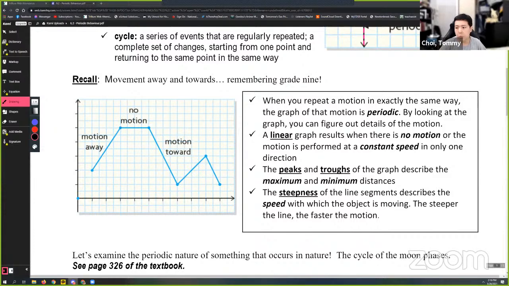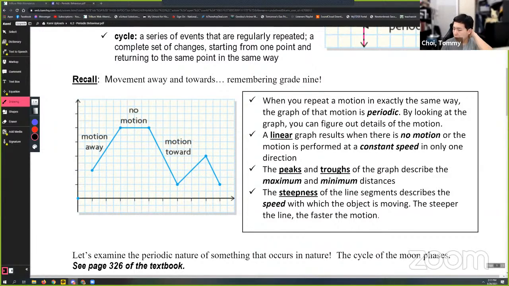You have a steep slope towards the store, and then the person is at the store. It's a flat horizontal line, and then the person walks back home. It's a less steep slope going all the way back to zero. You've done this kind of thing with linear graphs in grade 9 where you represent distance and time and speed on a graph, right?